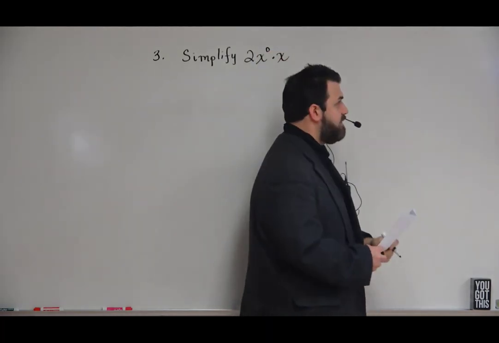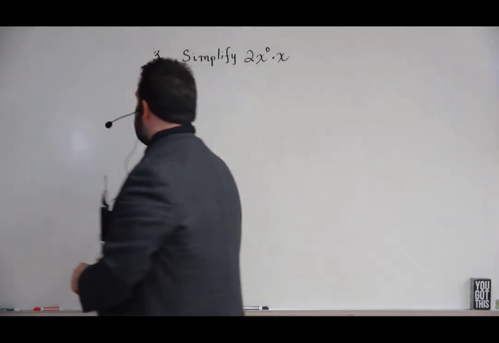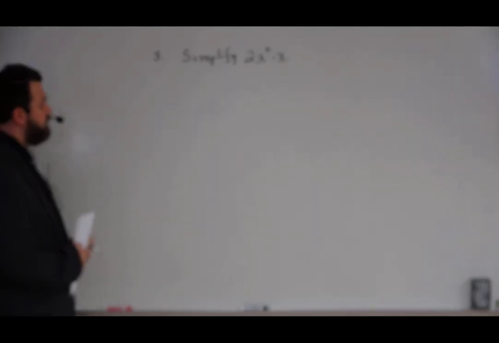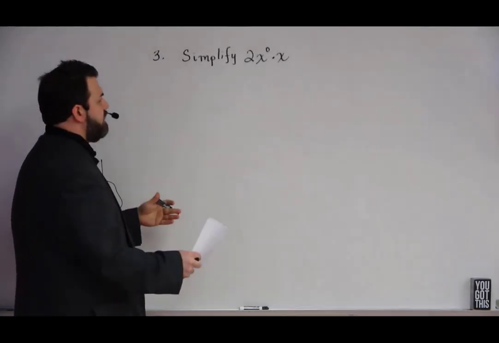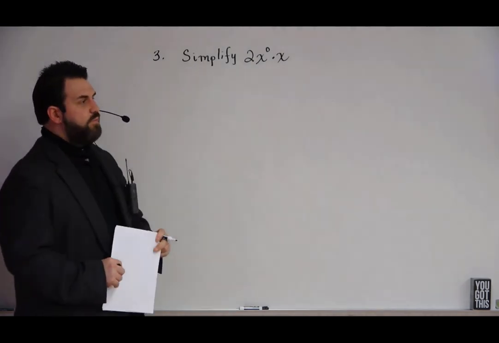One way you could simplify this is by going to ogmath.com and learning the 0 exponent rule, because we're going to have to use the 0 exponent rule here in order to solve this problem.